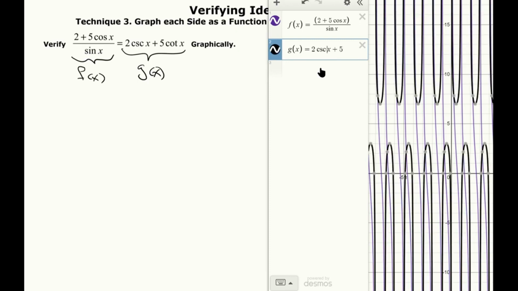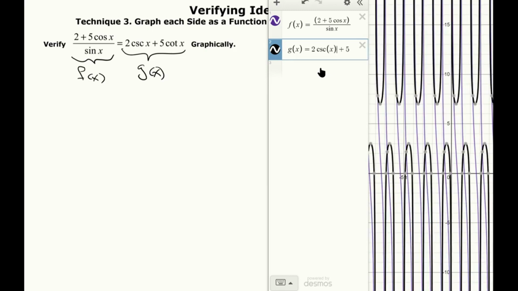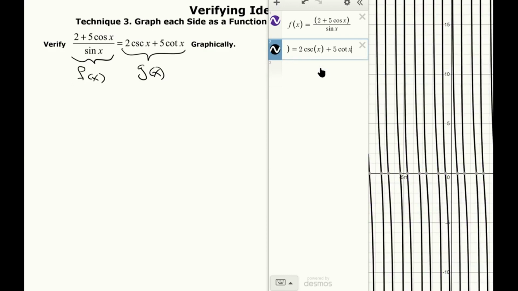Actually, you're going to have to use parentheses around that x, because otherwise whatever I type after the x, the plus 5, etc., it's going to consider to be the argument of cosecant. So it's one of these things with these graphing calculators you have to be careful about. So we go plus 5 cotangent of x.